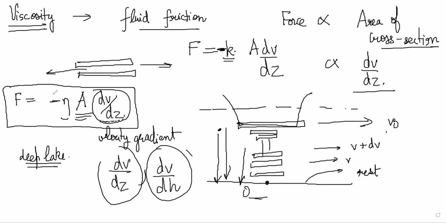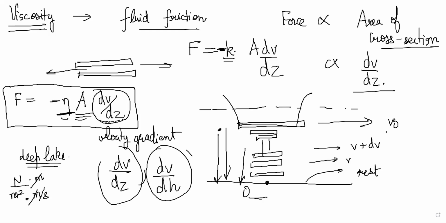Also, the SI unit of viscosity has to be figured out. So you can get the dimensions of the viscosity coefficient by just dividing. It will be Newton per meter square divided by meter per second per meter.